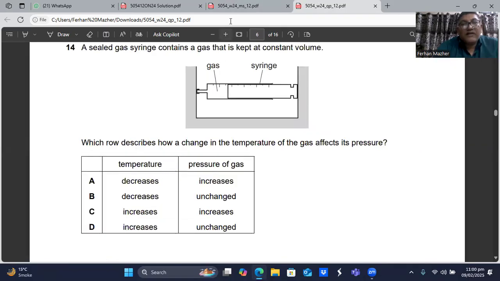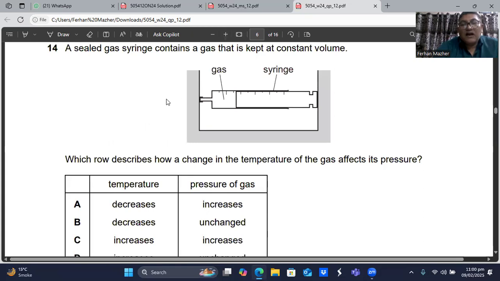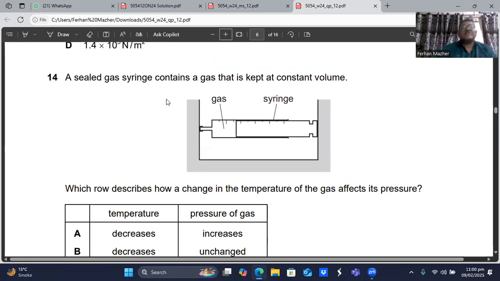Okay, so here we have a sealed gas syringe containing a gas that is kept at constant volume. Which row describes how a change in the temperature of the gas affects its pressure?